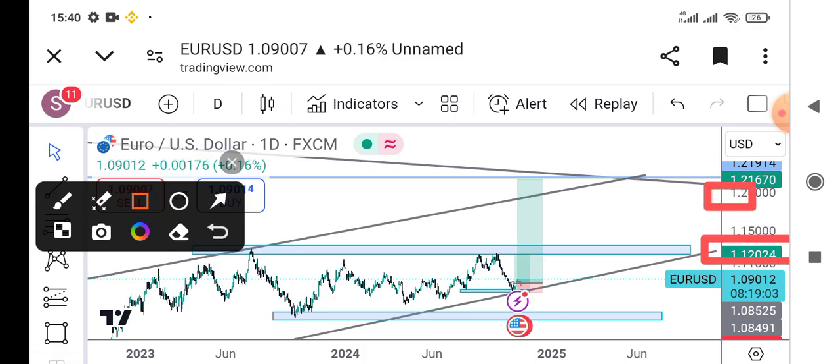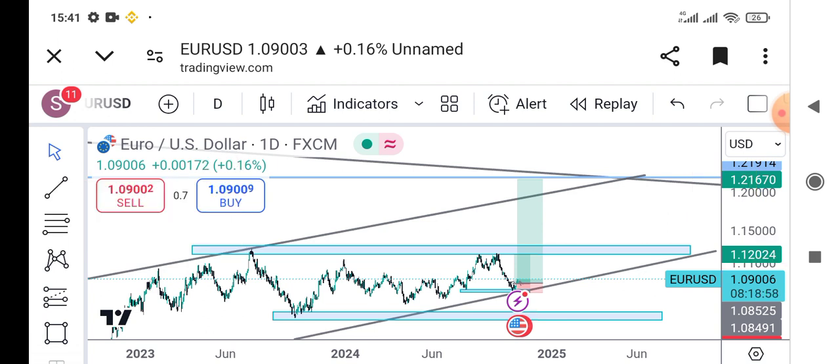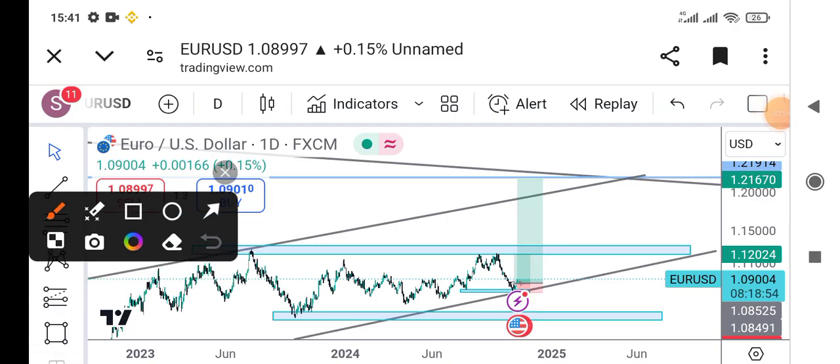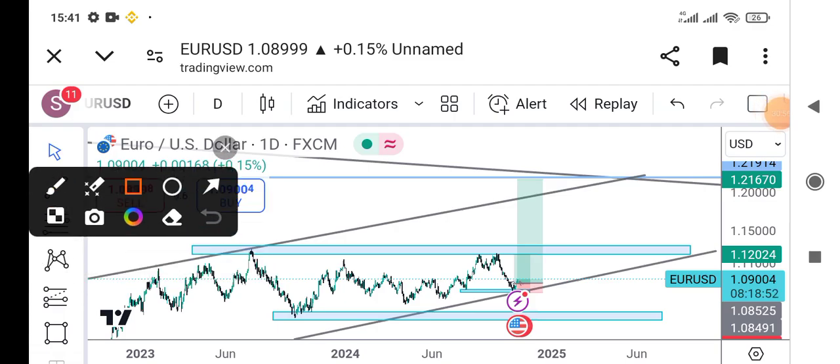Second take profit, does it draw clearly? The first take profit is going to be 1.12024. The second is going to be at that level, 1.21670.